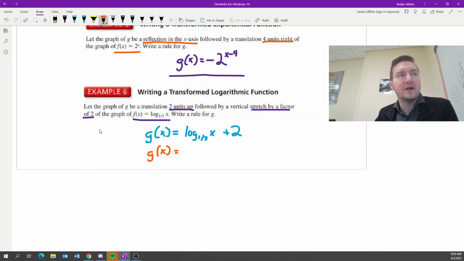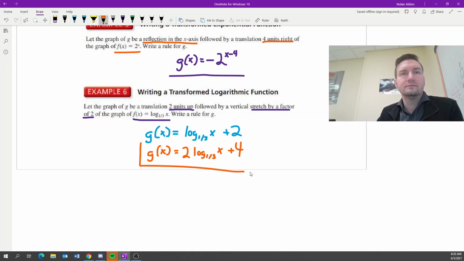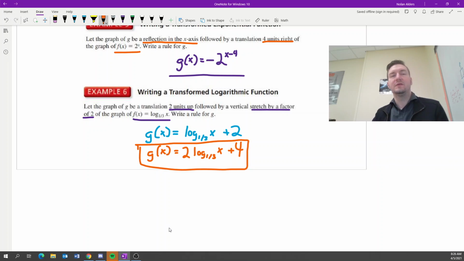Now we're going to stretch it by a factor of 2. So we're going to multiply everything by 2. So we're going to have 2 log with a base of 1/3 of x, and then plus, we multiply this by 2 as well, so we'll have plus 4. It's a terrible box, but this is your answer right here. My boxes aren't getting much better, so we'll just leave it like that.